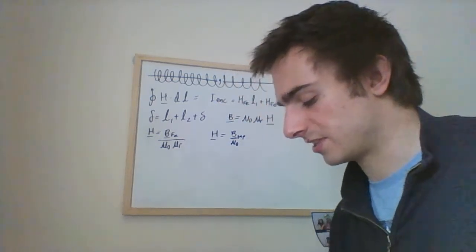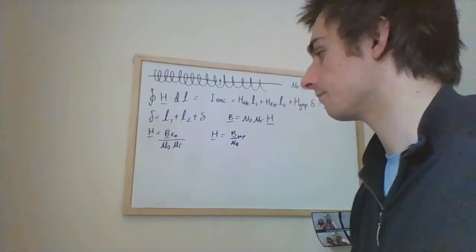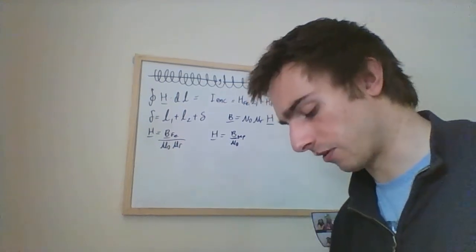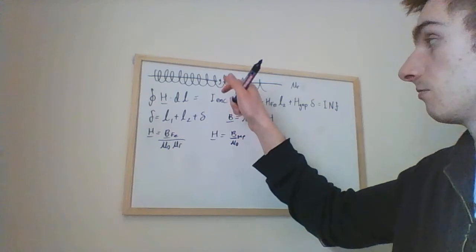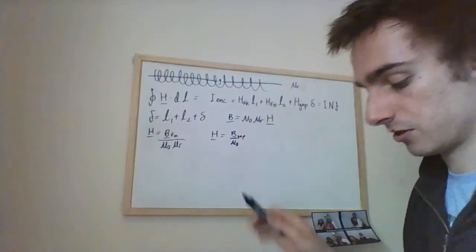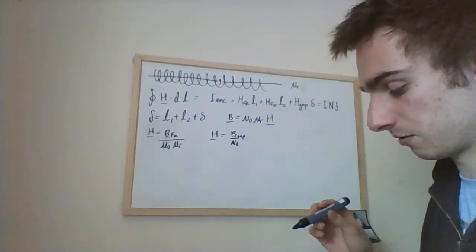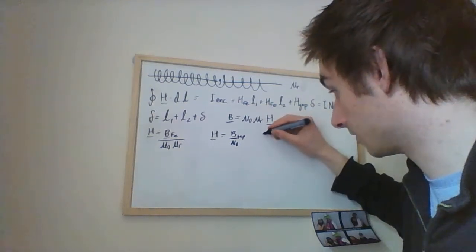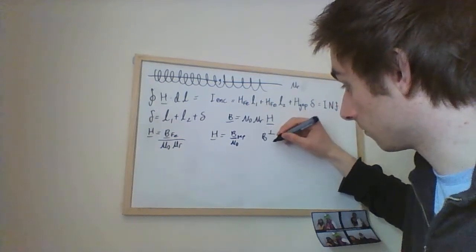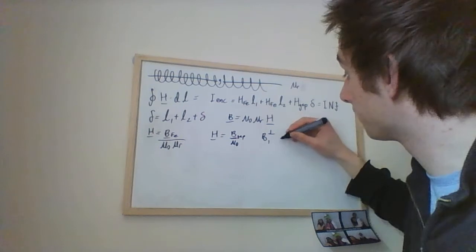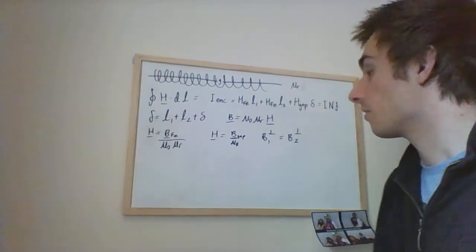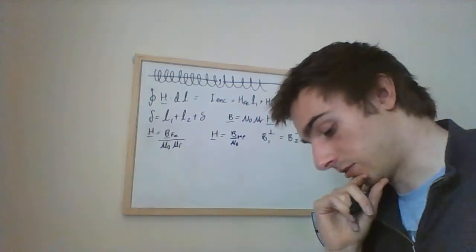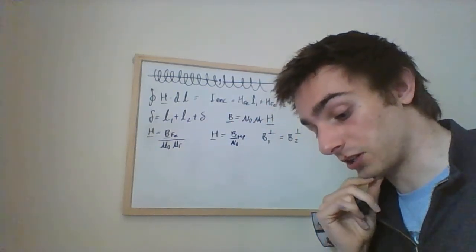So yeah, now this gets a little bit, I can't really explain this very well, but we have to look at the boundary conditions between these guys here. Because the magnetic fields are all sitting perpendicular to each other, we know that the B fields at the boundaries are going to be equal to each other.